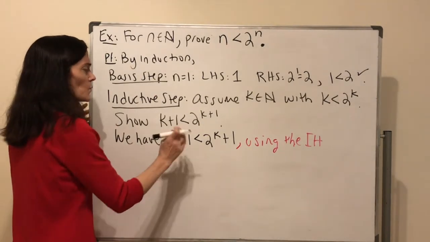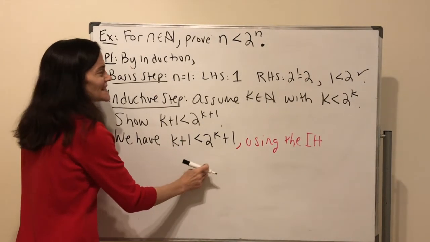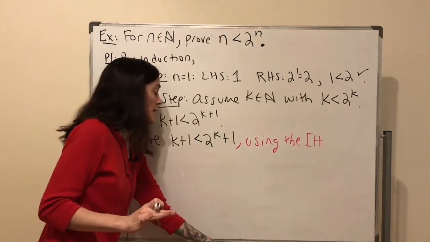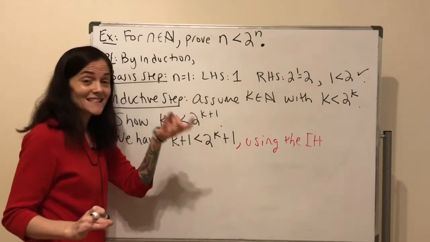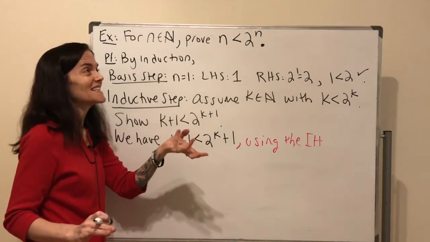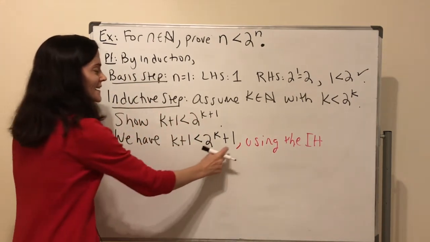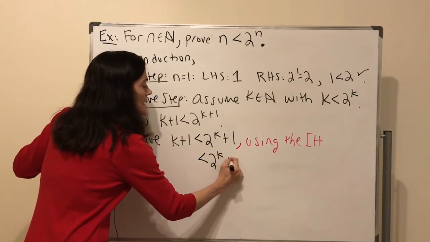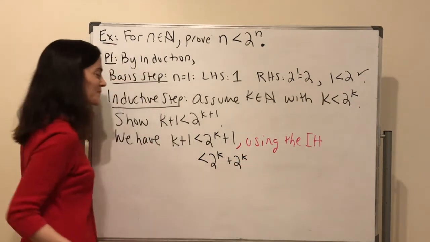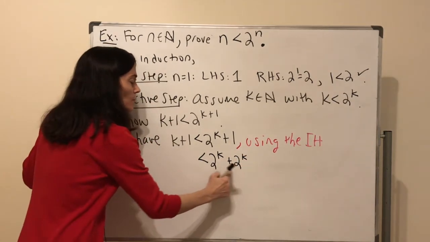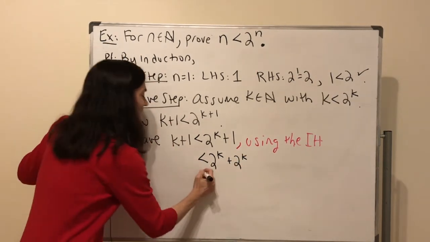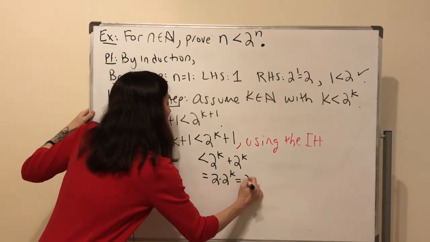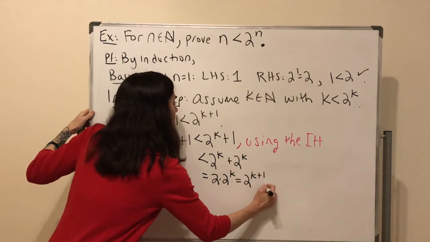Now, what I want is k plus 1 is less than 2 to the k plus 1, and I don't have it just yet, but I almost do. So k is a natural number, meaning the smallest it can be is 1. So this 1 here is certainly less than 2 to the k. Now, well, I have 2 to the k, so this is equal to 2 times 2 to the k, which is 2 to the k plus 1.